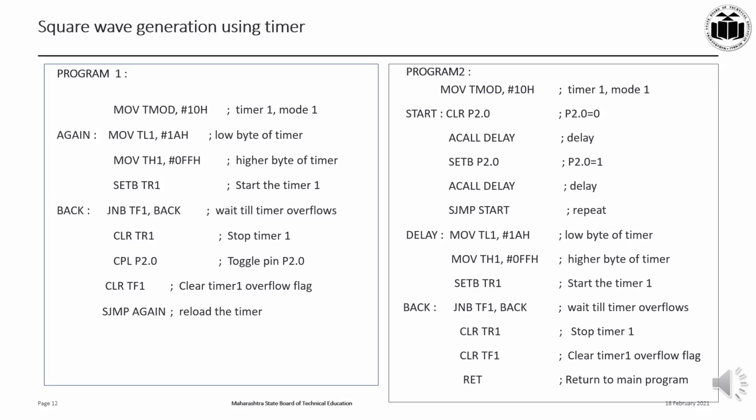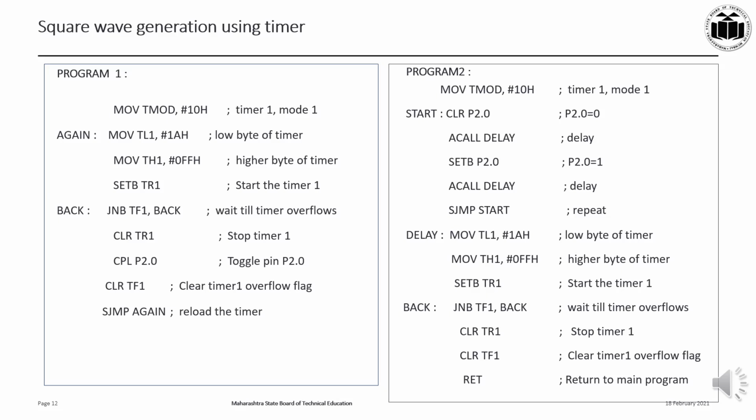This instruction clears TR1 bit, which stops the timer. Then CPL P2.0 instruction complements the port pin. By default, the port pin status is 1. After the time delay program is over, that is after 0.25 milliseconds, by complementing P2.0 bit, the pin status has become 0 now.